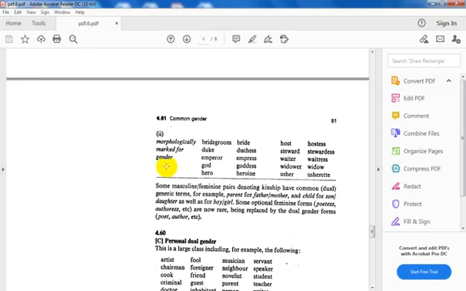Let us see. Bridegroom, bride. Here I have the stem, and I added to it. Duke, duchess. Emperor, I added the suffix and changed it from masculine to feminine. God, goddess. Hero, heroine.